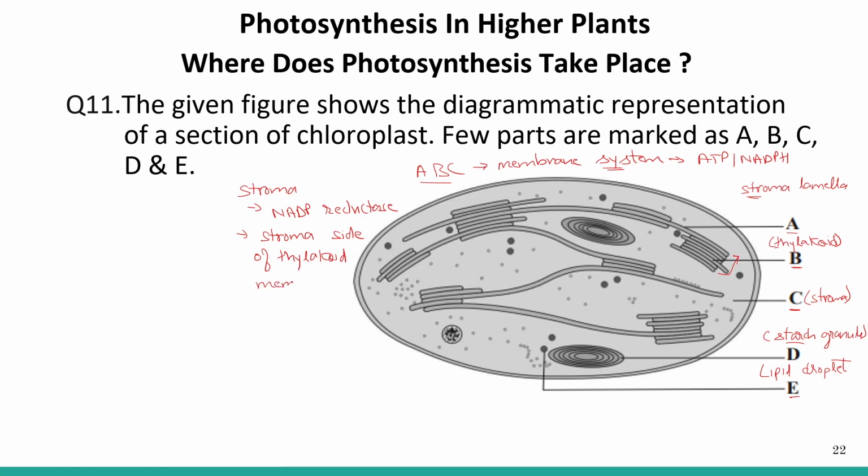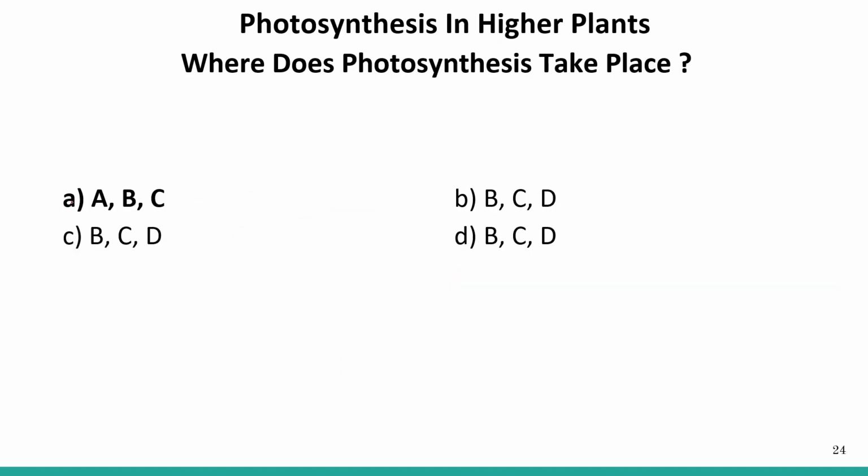And where does synthesis of NADPH take place? That's why synthesis of NADPH occurs in the stroma, because NADP reductase enzyme is present there. So the correct option should be A, B, C.